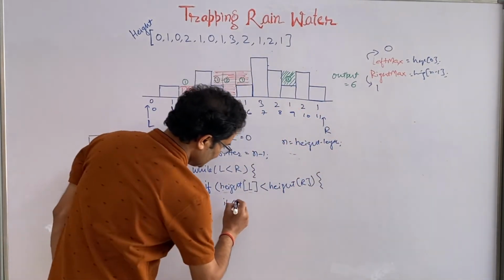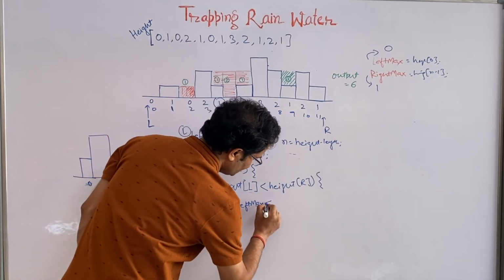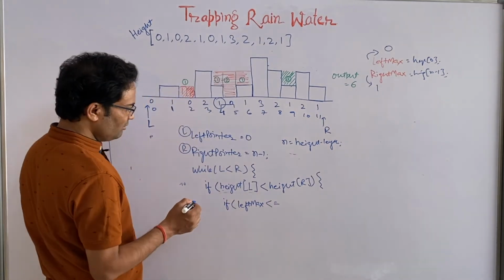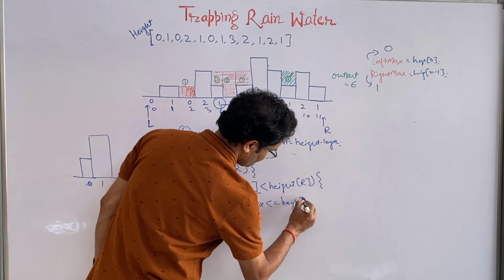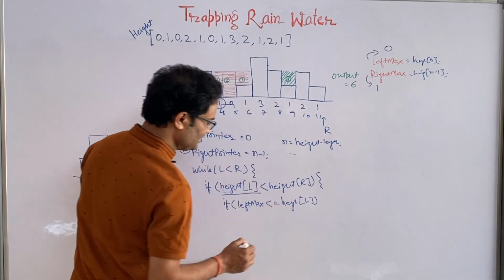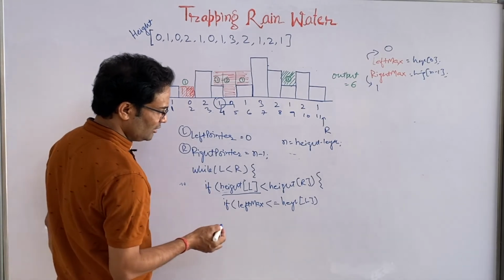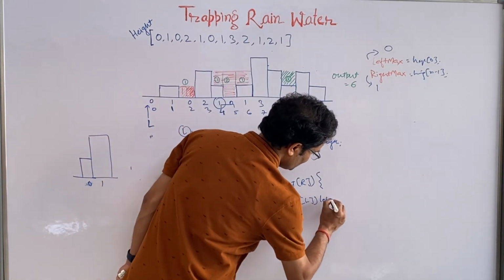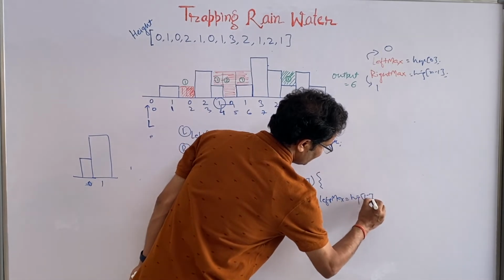You check if the left max is less than or equal to the current height. If this is the case, we cannot take the water, so simply you update the left max with the height of L.